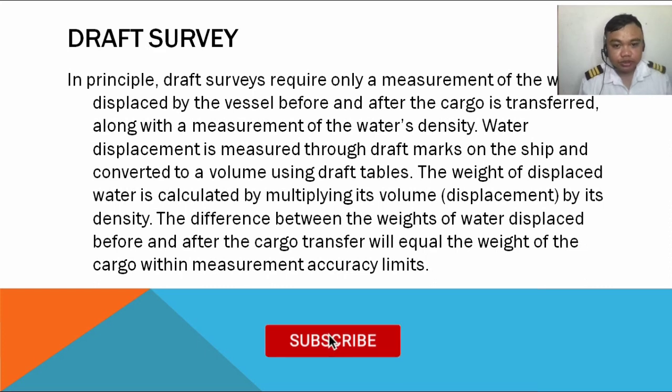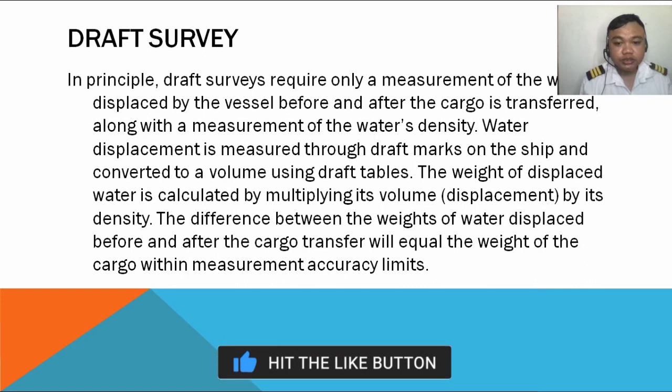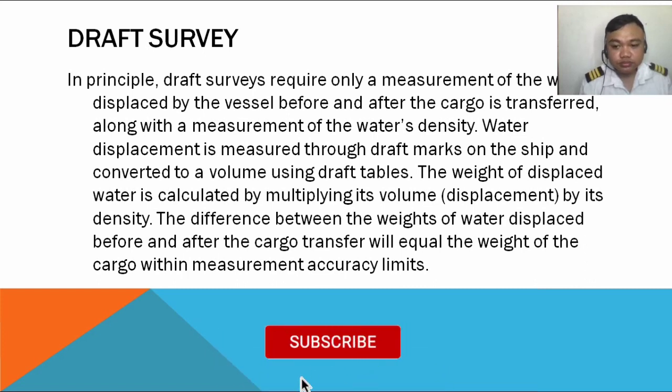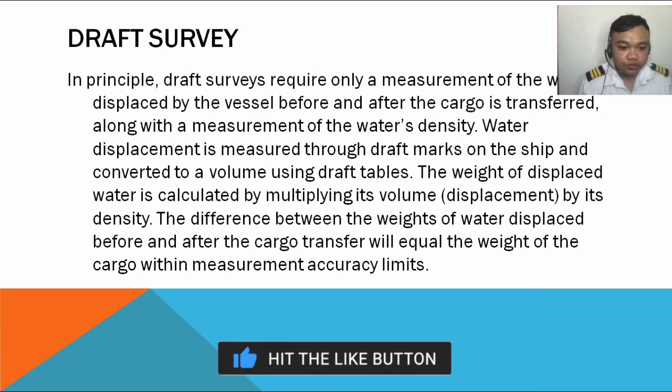Water displacement is measured through draft marks on the ship and converted to a volume using draft tables. The weight of displaced water is calculated by multiplying its volume, the displacement, by its density. So that is how we correct the density. And later on, I will be showing this one to you.